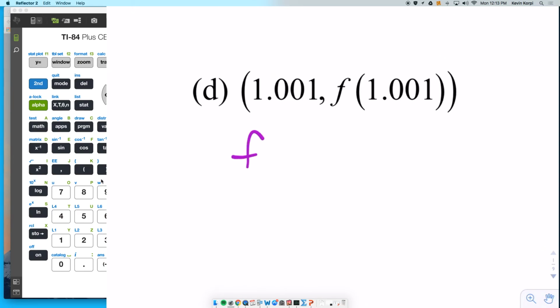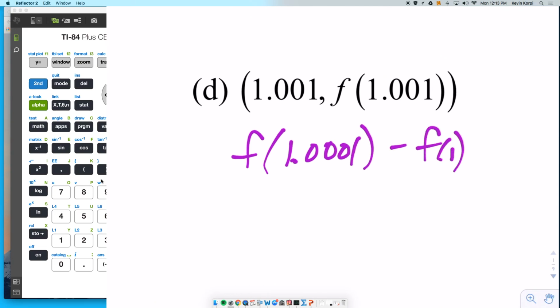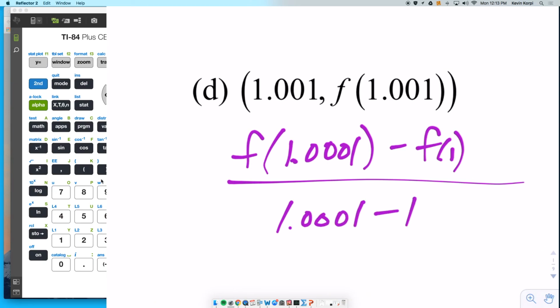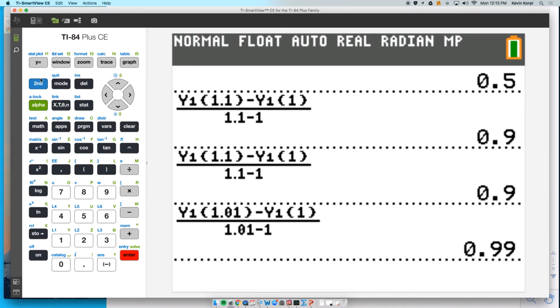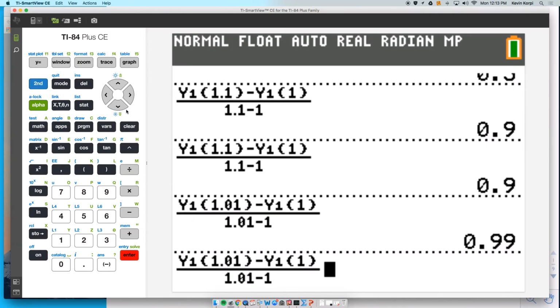Let's set up the difference quotient, which is very, very important. Because if an answer just appears without showing where it comes from, you're likely to not get points at all. And then one last time, I know this is probably getting boring, but I'm doing it for a very, very strict purpose.